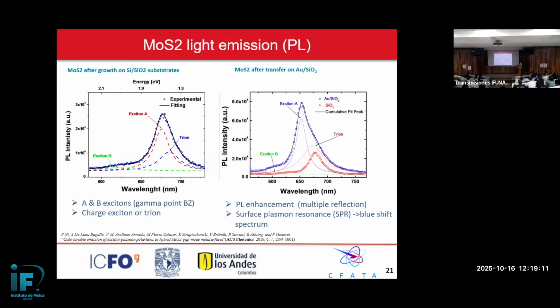The first one is an enhancement of the PL signal due to the multi-reflection, the Fabry-Perot cavity, and then there is a blue shift of the exciton A peak. I mean, the whole spectrum is blue shifted due to the surface plasmon resonance.